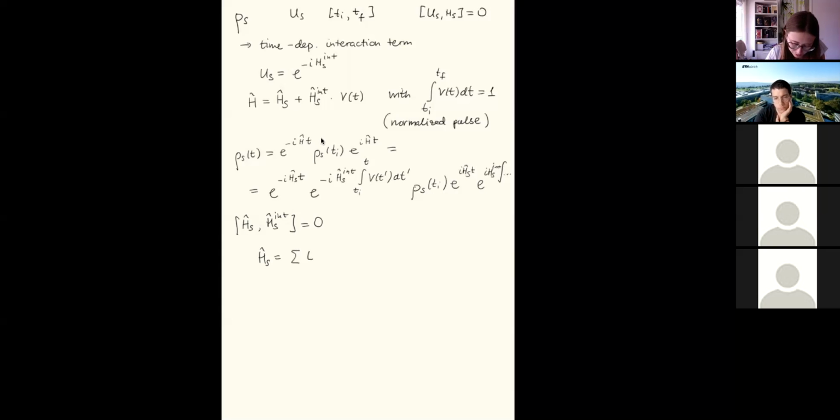So then we can write hs in its diagonal form in this basis as follows. And we can also write the interaction Hamiltonian as diagonal in the same basis. And we just label their diagonal elements as ej and omega j.